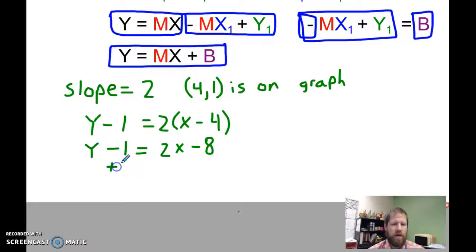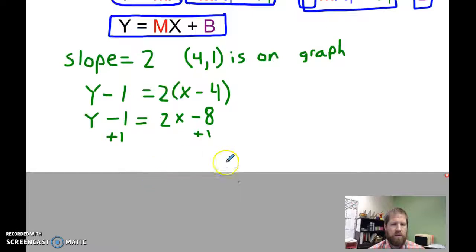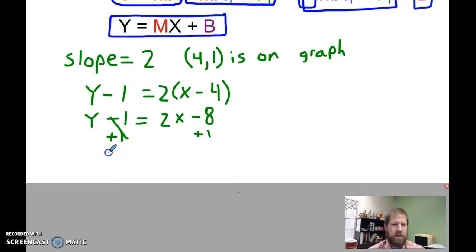Move the y coordinate over. Those will cancel, and we're left with y equals 2x minus negative 8 plus 1, is a negative 7, or y equals 2x minus 7.